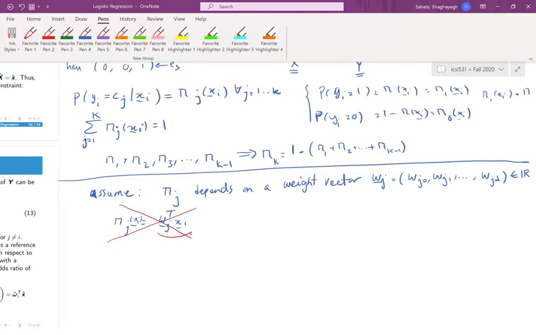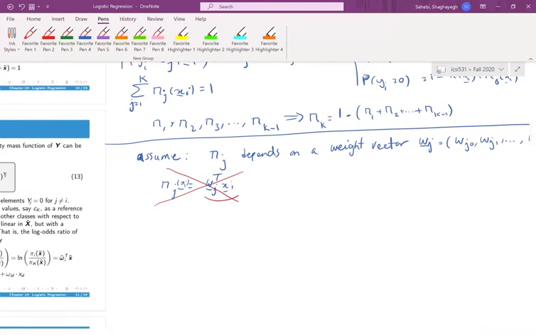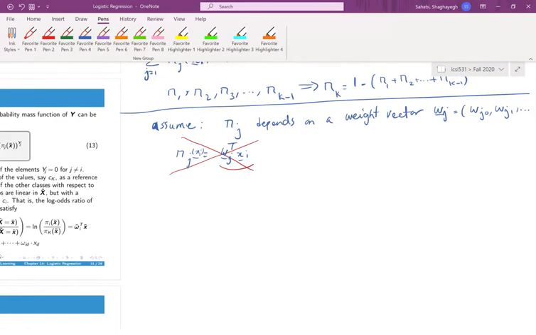It's not going to be bounded between 0 and 1. So we need to have some function to be able to bound this thing between 0 and 1. To do this, we are going to get some help from the log odds ratio that you remember we defined for interpretation in the binary logistic regression.